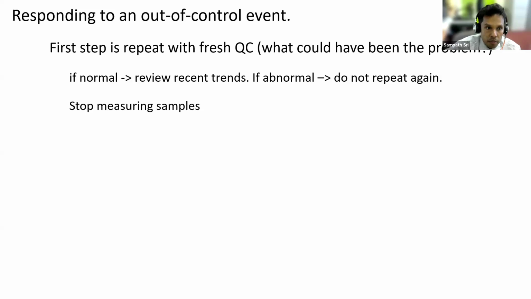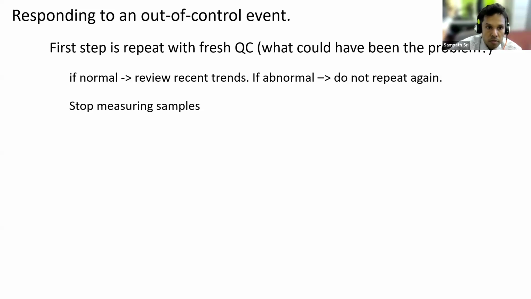If the repeat results come back normal, we can just review the trends and all the other QC findings in the Levey-Jennings chart. We can go ahead with the patient results and release them. If the repeat result is abnormal, we should not repeat again.